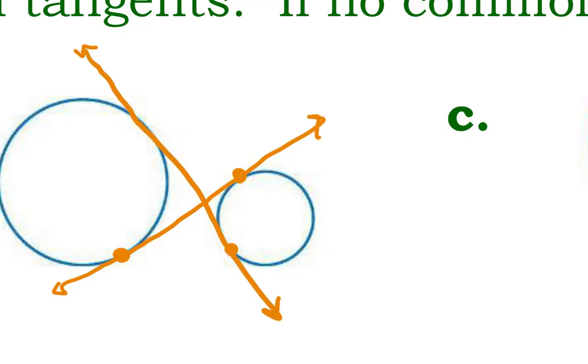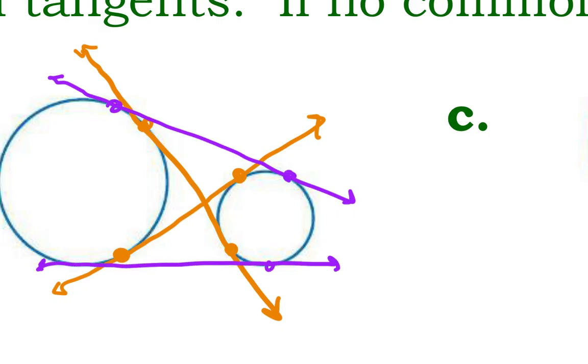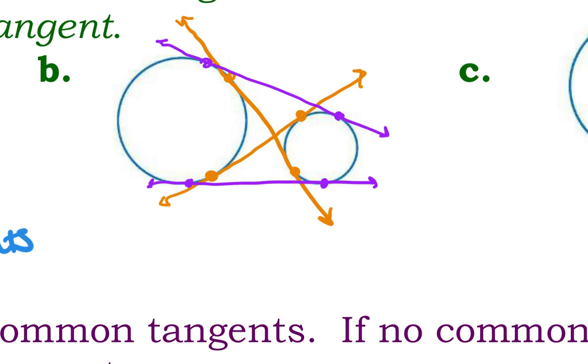All right, anywhere else? Top and bottom, so like the last one? All right, any more from here? None? All right, so how many common tangents did this one have? 4, so 4 common tangents.